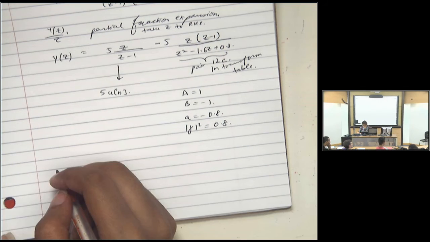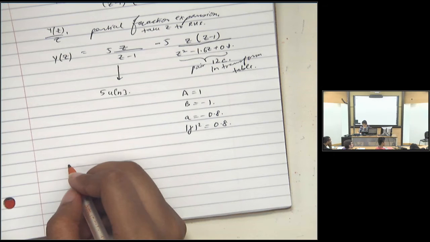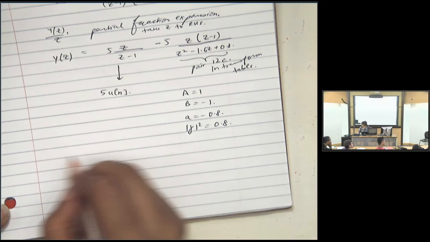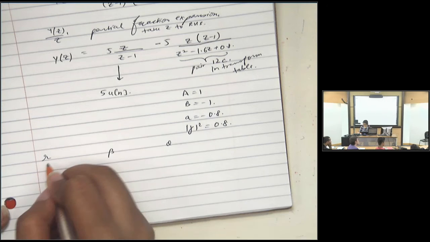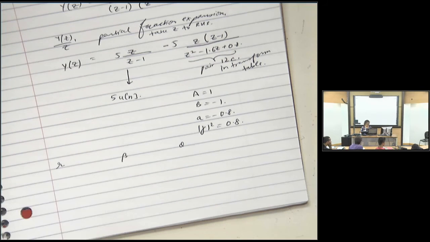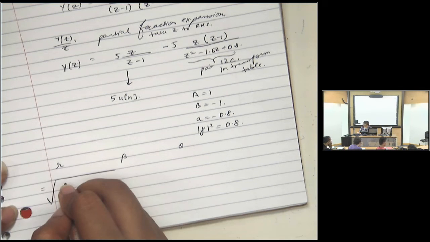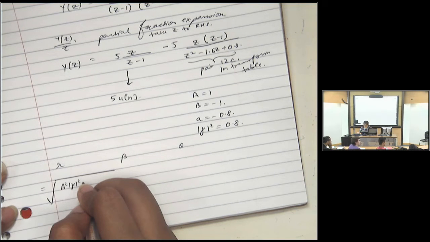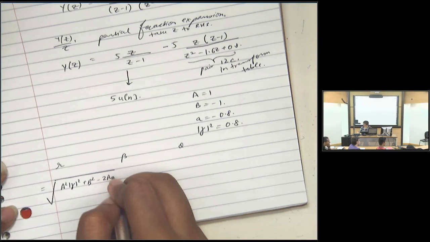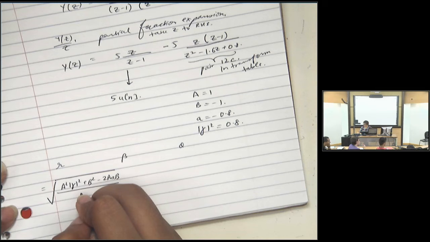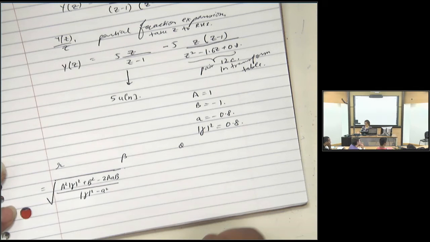Okay, so this translates to, one second, I don't remember. So we'll find r and beta and theta. It's fine. So r is given to be, I have to go back to the table, the square root of capital A squared gamma squared over mod gamma squared minus A squared. This will be pretty time consuming for you to find. Okay, this is just r.